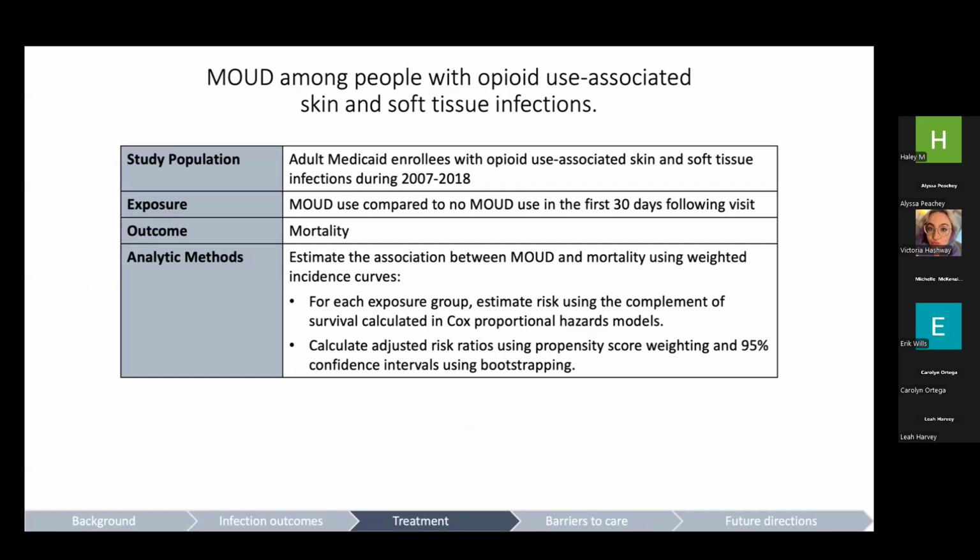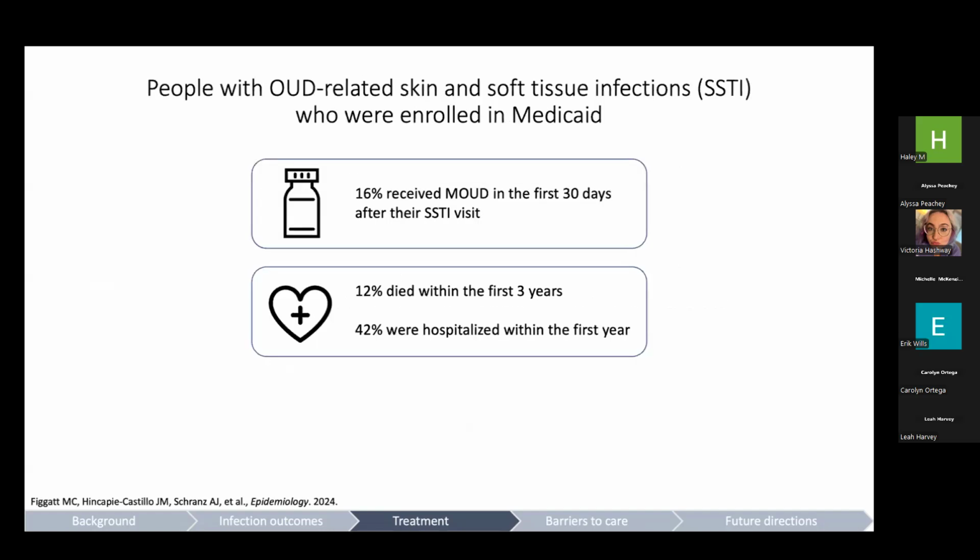We estimated this association by looking at MOUD and mortality using weighted incidence curves to calculate adjusted risk ratios. Overall, in the study population, about 16% of them had received MOUD in the first 30 days after their initial skin or soft tissue infection visit.